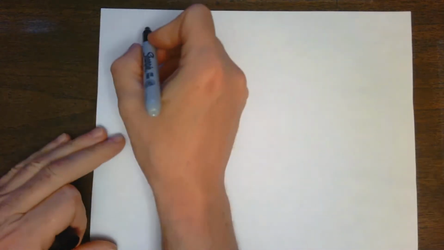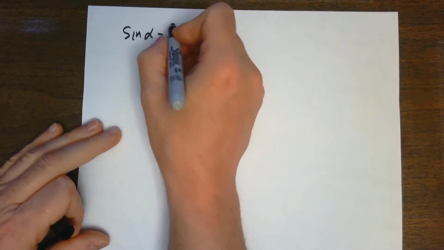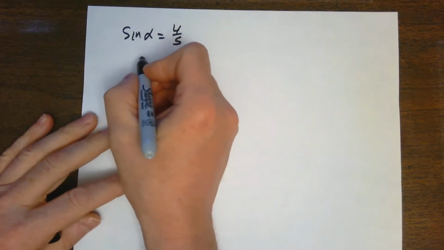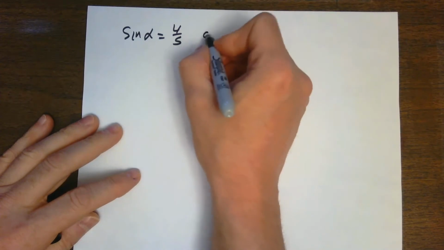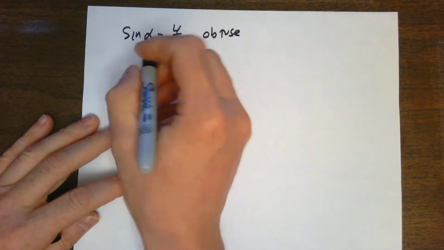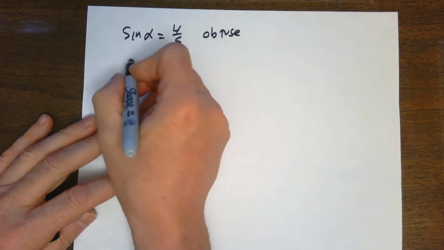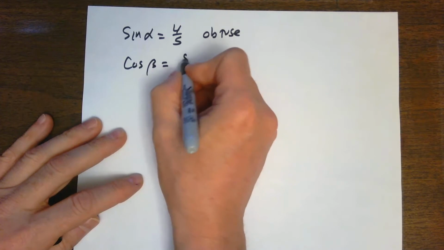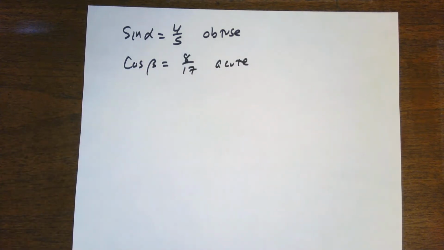Suppose I tell you that I have an angle and that the sine of the angle alpha is 4/5, and I'm going to tell you that it's an obtuse angle. And the cosine of some other angle, beta, is 8/17, and this is an acute angle.